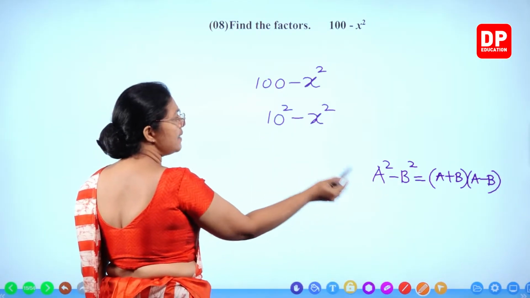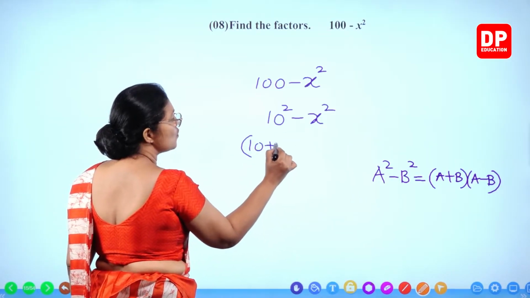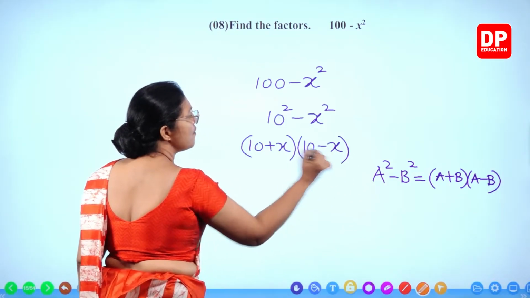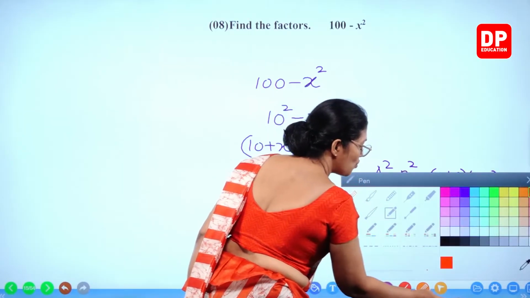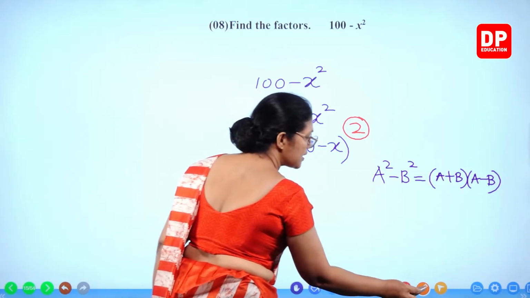So here 10 plus x is one factor and 10 minus x is the other factor. So remember that this is difference between two square terms. So 2 marks for writing these factors.